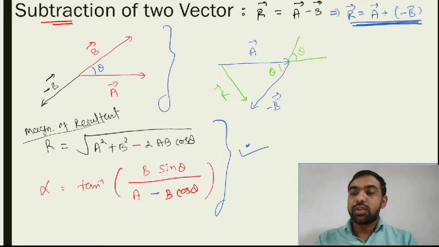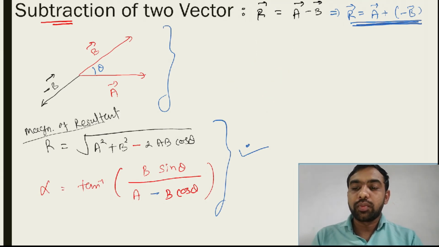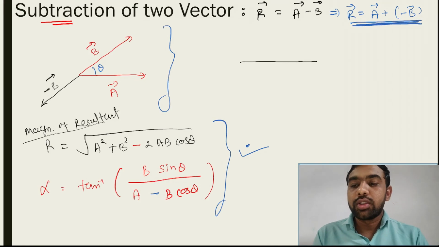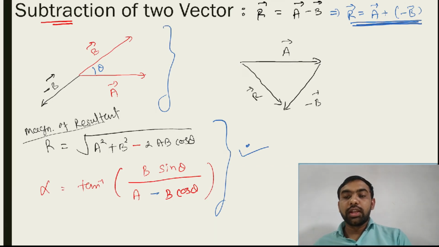Okay, so let's see. If you try to solve this problem, then you just draw the figure in such a way. I am drawing the figure, and you solve this problem by yourself. This is A, this is minus B, so it is actually the resultant.